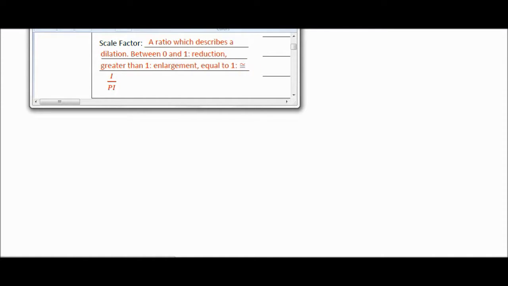Now something very important for you to remember here. When you write a scale factor, you're always going to have the measurement that comes from the image, or the copy, on top, and the measurement that comes from the pre-image, or the original shape, on the bottom. So I want to make sure you note here: the numerator is from the image.